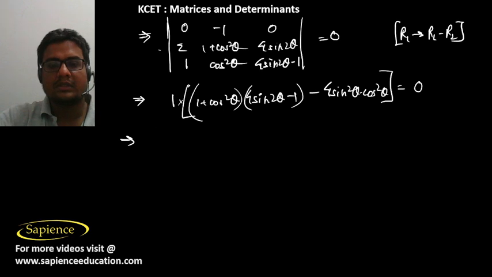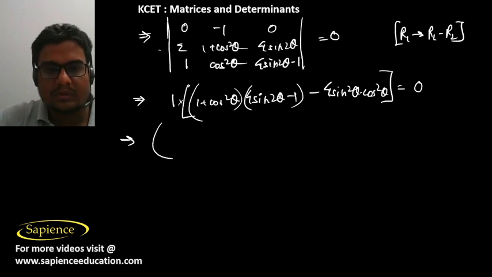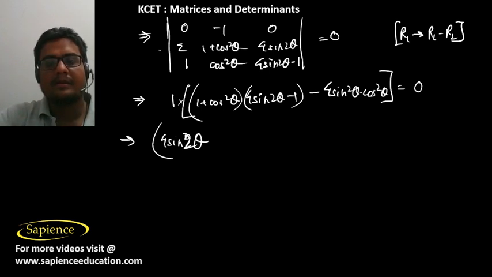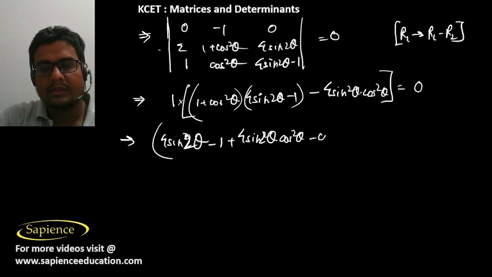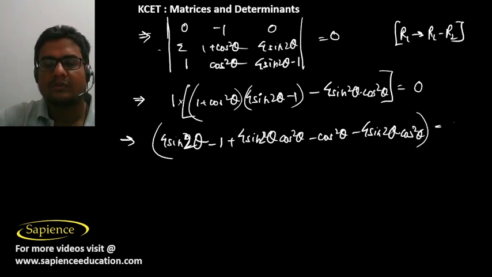So this will be 4 sine 2 theta minus 1 plus 4 sine 2 theta cos square theta minus cos square theta, then minus 4 sine 2 theta into cos square theta, that is equal to 0. So these two will get cancelled.